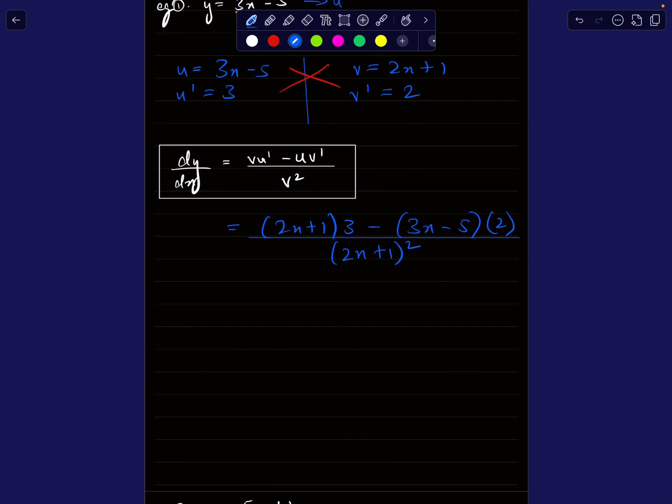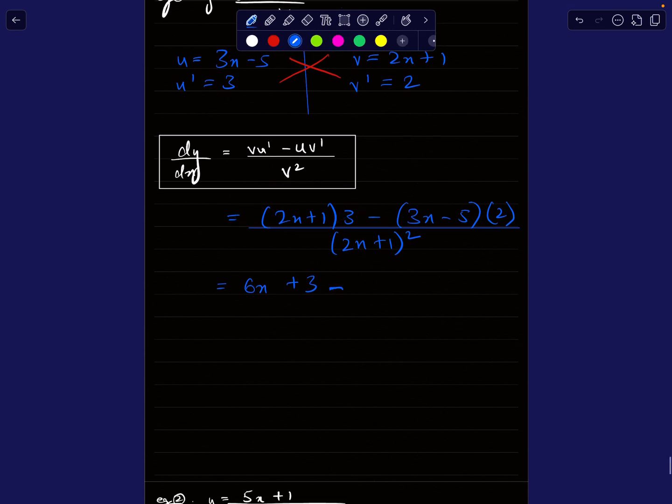I'll have to simplify this. Thus, I'll end up with 6x plus 3 for this and a minus sign in between. So, to avoid confusion, let's write this like this. I'll be left with minus 6x plus 10.